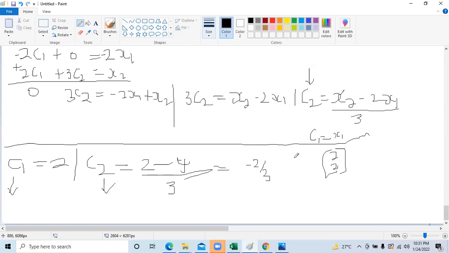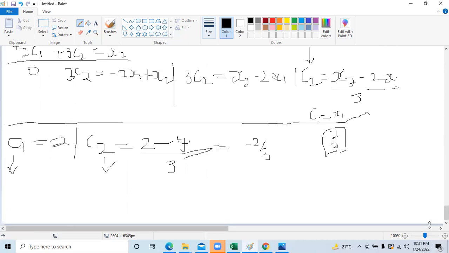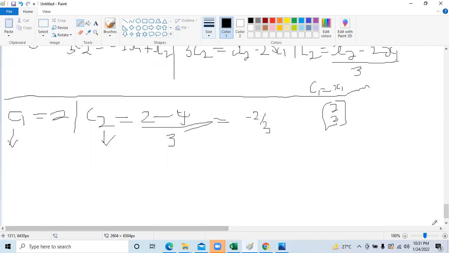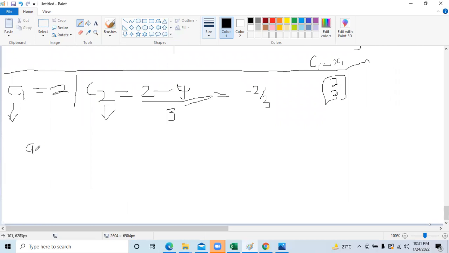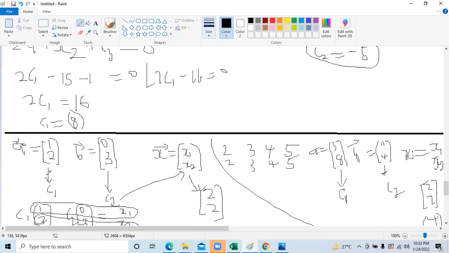So let's go back and slot that in. The original equation is C1 A plus C2 B equals vector X. So we are saying what constants multiplying A and B are going to give us vector 2, 2.